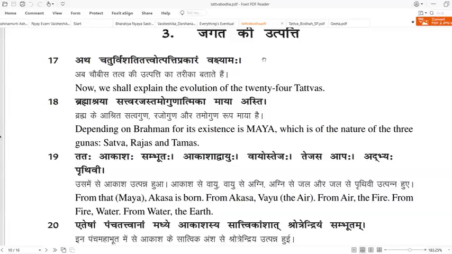Without his blessing, nothing can happen. But the actual work of creation is to be done through Parvati or Devi or Maya. Right? So that is why here it is written Brahmashraya Maya Asti. So that Maya is blessed by Brahman. So this Brahman is using his Shakti called Maya to create all the universes.